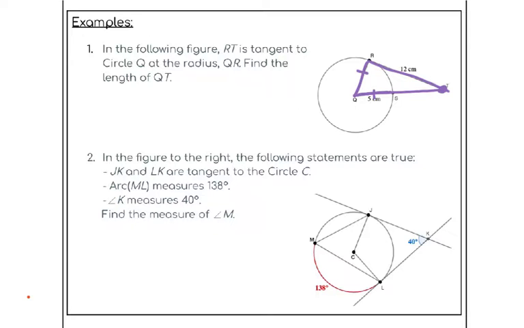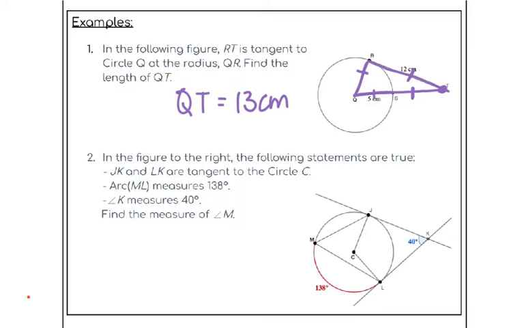So we know that the distance RT must be the same as the distance ST. So QT is going to be 13 centimeters.